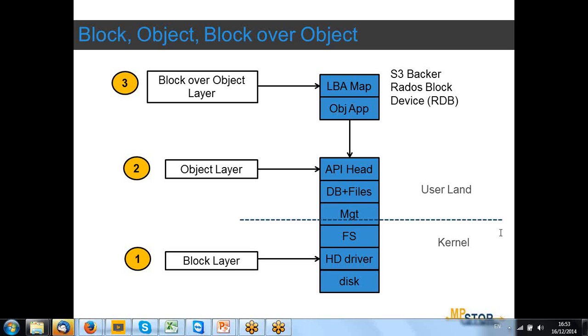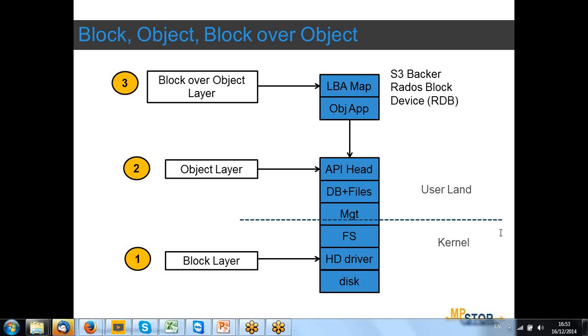You won't get the same performance as you would get from native block. Correct. So you actually see that when you look at the performance metrics that block semantics are just far superior, far faster than block over object over file system over a block device.